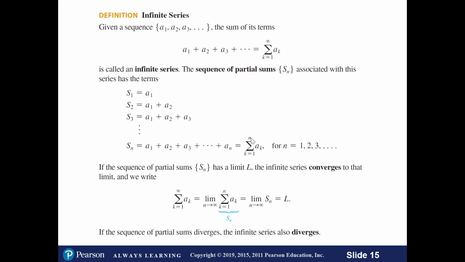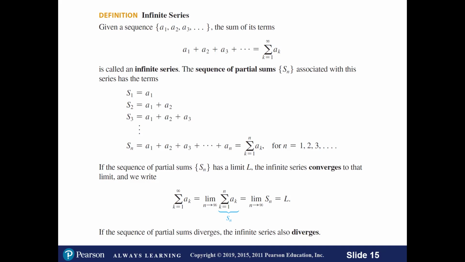If the sequence of partial sums has the limit L, the infinite series converges to that limit. We write the limit as n goes to infinity of S sub n, that's the partial sum, k equals 1 to n of a sub k, equals L. If the sequence of partial sums diverges, the infinite series also diverges.